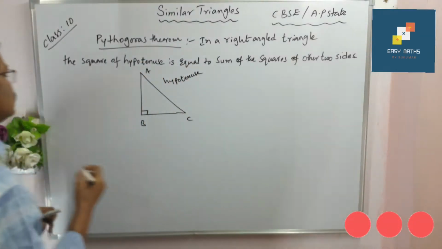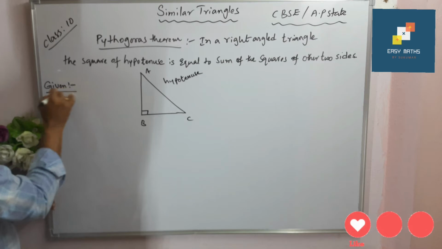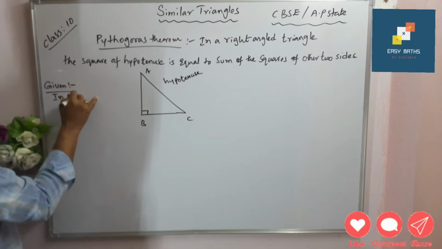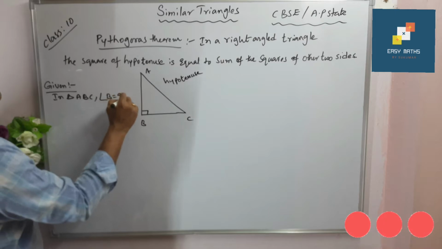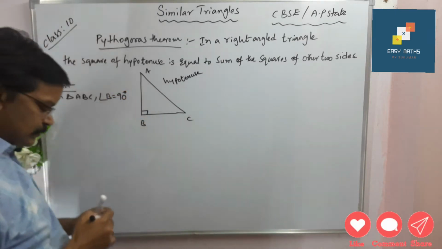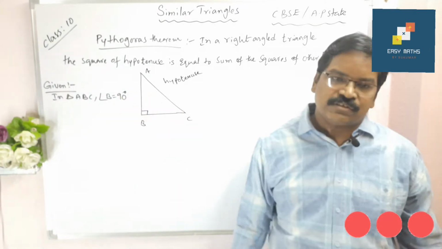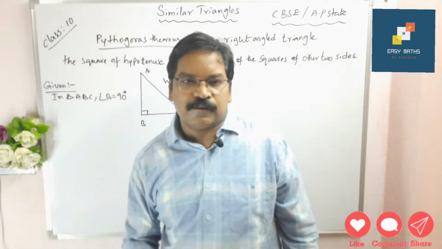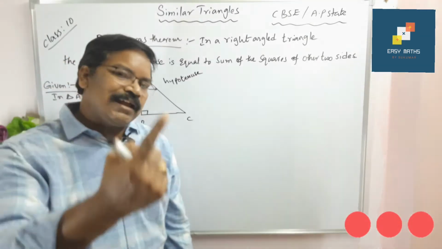Okay, my dear students. See, what is given here? In triangle ABC, angle B is equal to 90 degrees. We know only one hint here: angle B is equal to 90 degrees. That means it is a right angle triangle. In every triangle, only one right angle can exist.